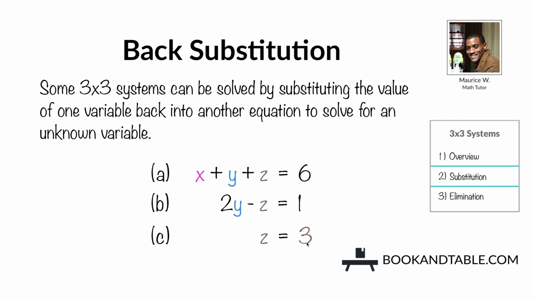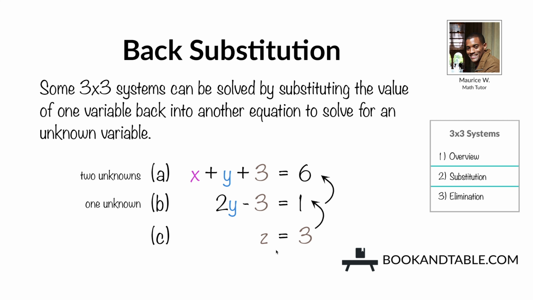Now, back substitution can be utilized when at least one of our equations provides us with the exact value for one of our variables. So since we know z is equal to 3, then we can substitute 3 in for z into either equation B or A. And when we do so, equation B has one unknown variable y, and equation A has two, x and y.